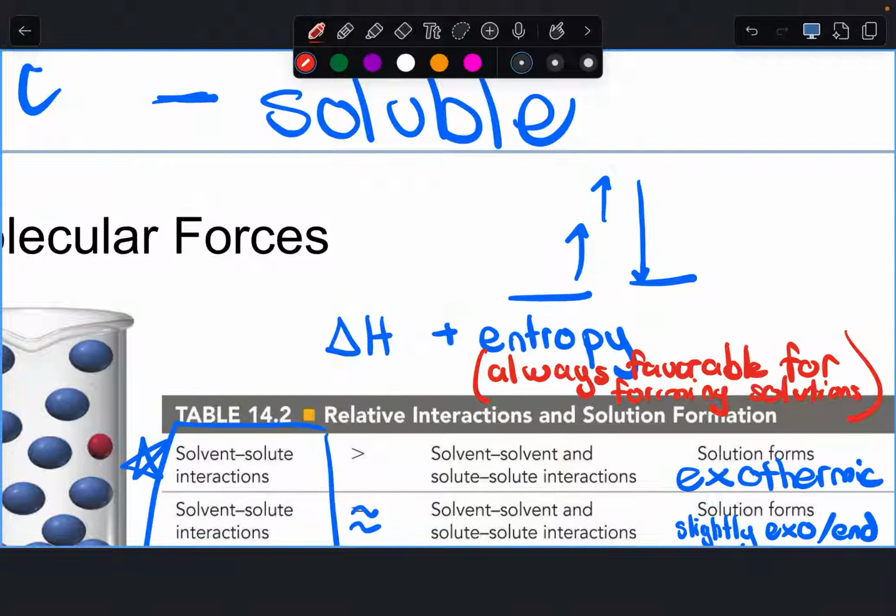So in the picture that I've drawn here, where there's a slight increase in potential energy, we would say that the enthalpy is unfavorable. But because this other factor, this entropy thing, is favorable, it compensates for it. Okay? So that's why it's okay to have a slightly endothermic difference in energy. This shouldn't be that shocking because there are other chemical reactions that are endothermic that still happen.